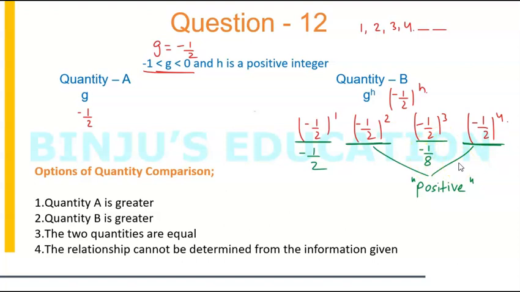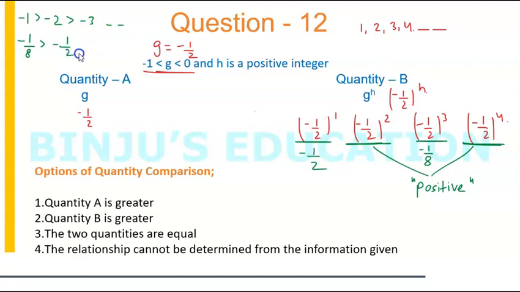This is still greater than minus half, because in case of a negative number, the smaller the number is, the greater its value. For example, we know that minus 1 is greater than minus 2, which is greater than minus 3, and so forth. Similarly, minus 1 by 8 will be greater than minus 1 by 2.